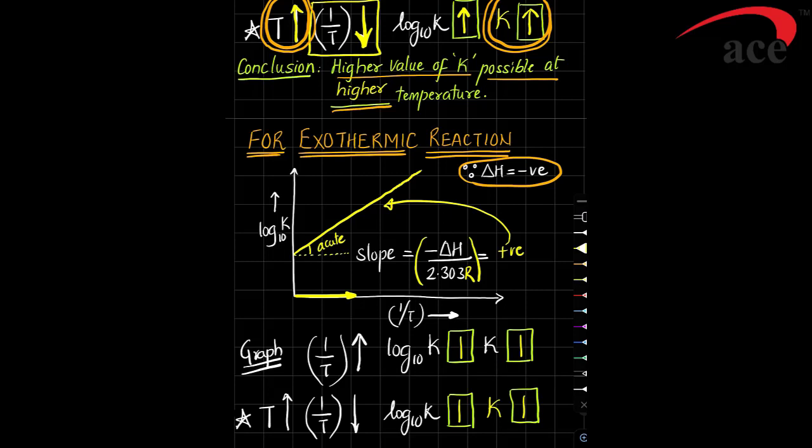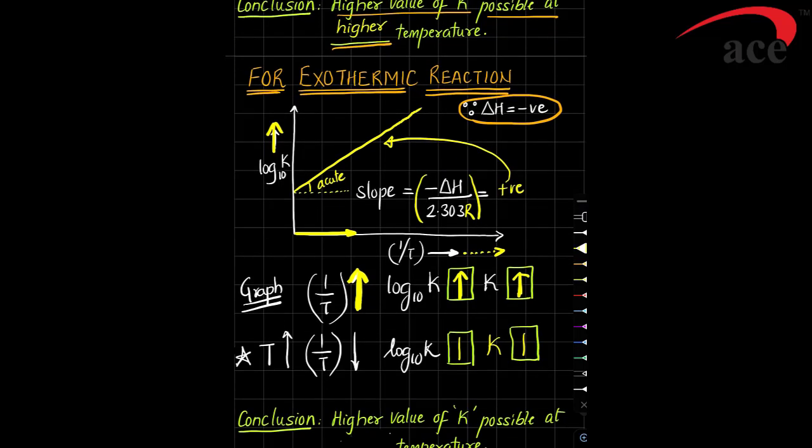If you analyze the graph, 1 by T is increasing in this direction, and log of K is also increasing. So log K value increases with increase in 1 by T. That means K is increasing. That means if 1 by T is decreasing, log of K will decrease and K will decrease. But for 1 by T to decrease, temperature should increase.